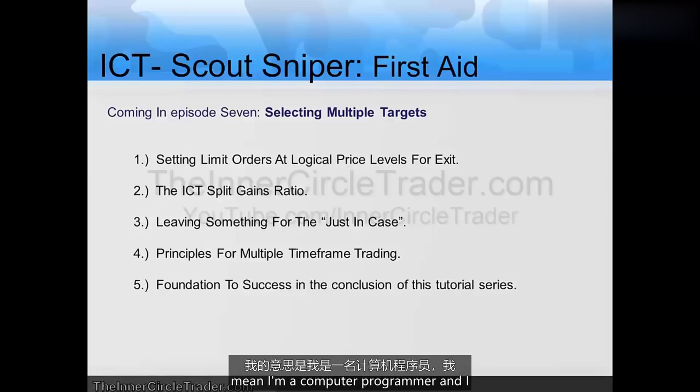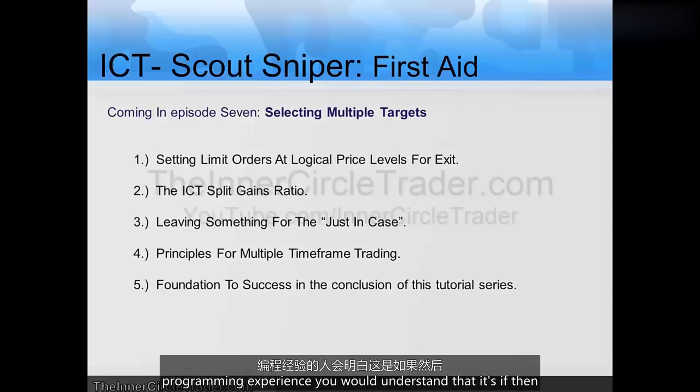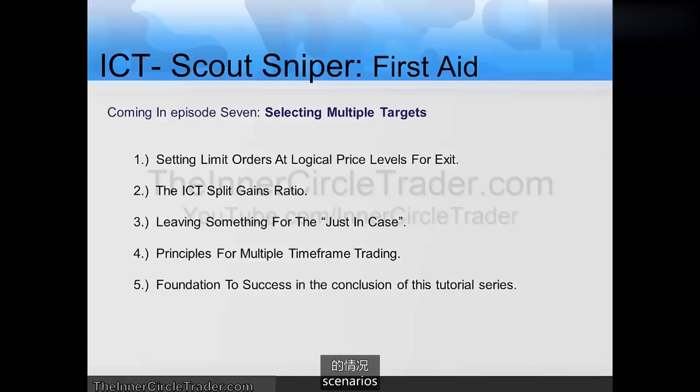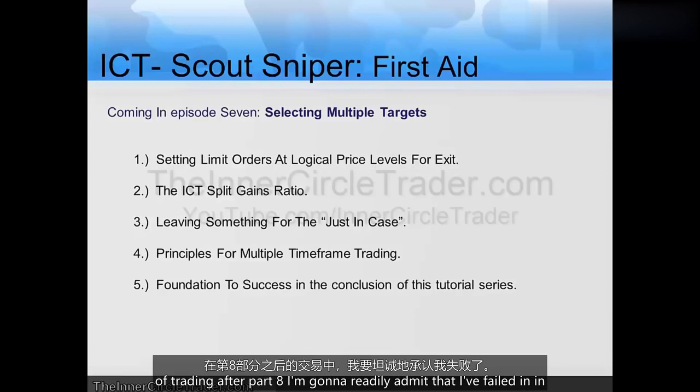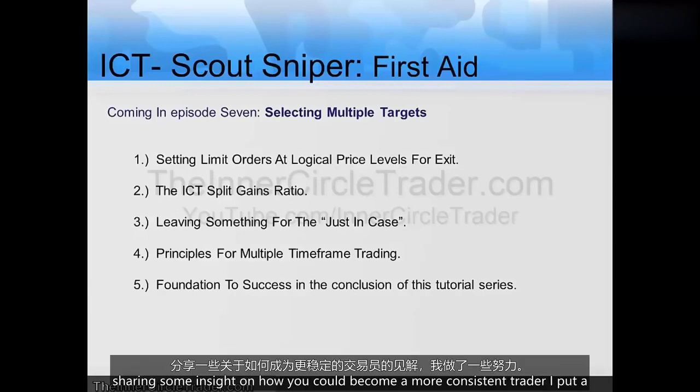So I mean, I'm a computer programmer, and I guess anyone that has computer programming experience would understand the if-then scenarios that you learned in computer programming. If you can't really build a mindset of trading after part 8, I'm going to readily admit that I've failed in sharing some insight on how you could become a more consistent trader.